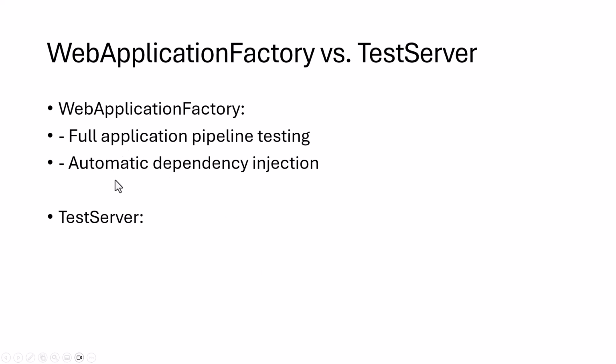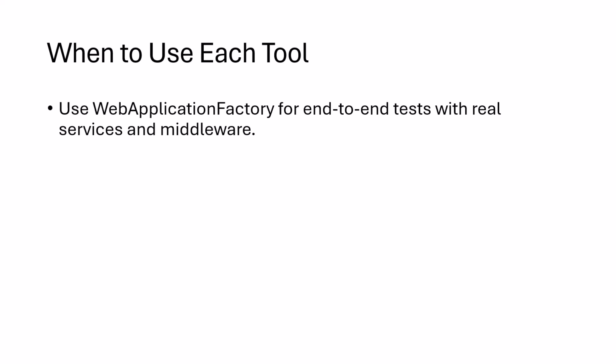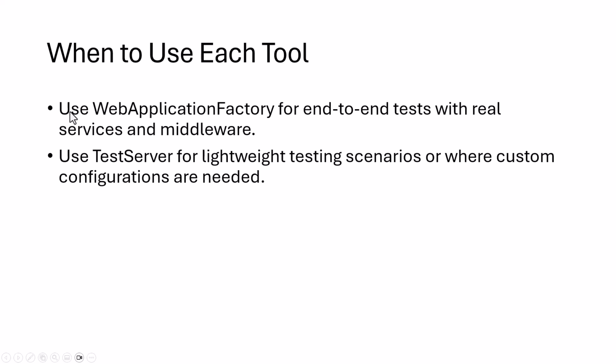Full application pipeline testing and automatic dependency injection for Web Application Factory, while test server is lightweight and customizable and useful for isolated pipeline testing, and when to use each tool. Okay, so that also we have seen. Use Web Application Factory for end-to-end tests with real services and middleware, and use test server for lightweight testing scenarios or where custom configurations are needed.